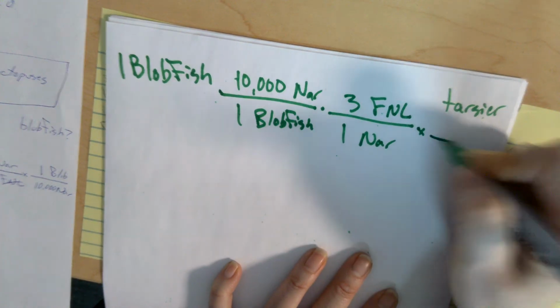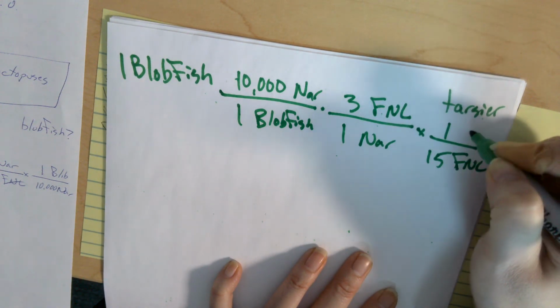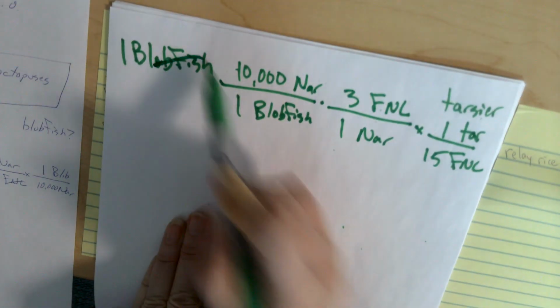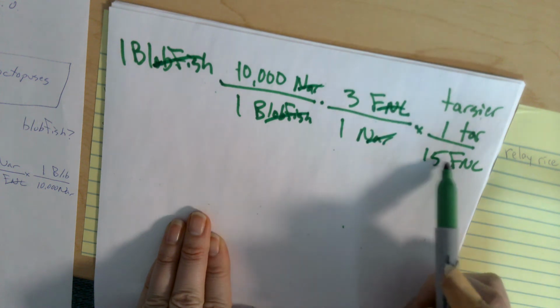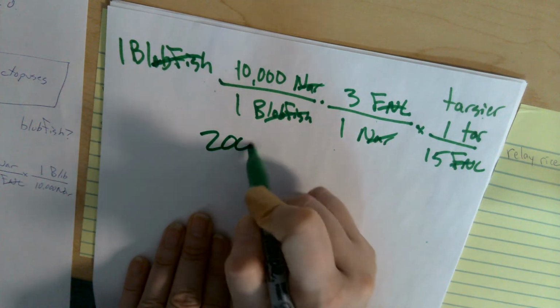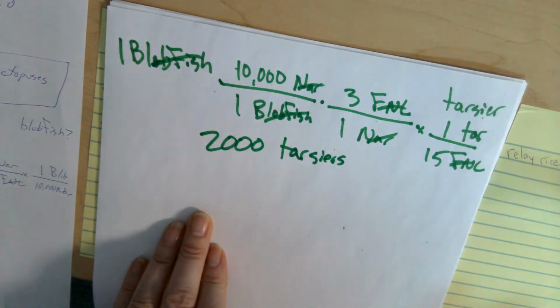And I know that I have 15 frill neck lizards and 1 tarsier. So blobfish cancels, narwhals cancel, frill neck lizards cancel. Then you just math and you should get 2,000 tarsiers, which is a really cute animal if you've not seen that one.